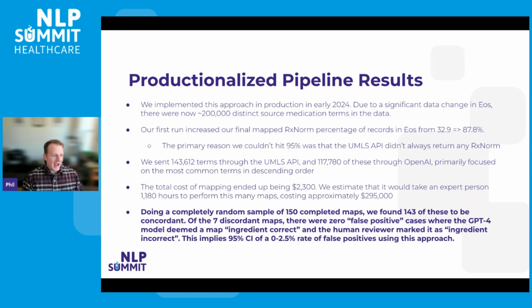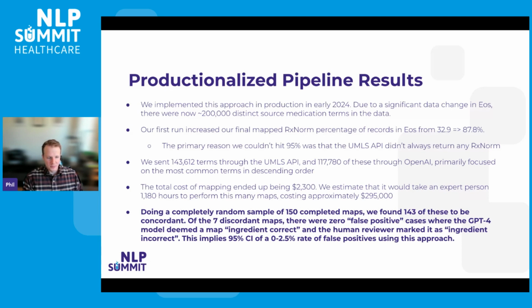After this, we did another random sample of all of the terms that we had mapped and found zero false positive errors. So zero errors where a map that was ingredient incorrect would have made it into our data.